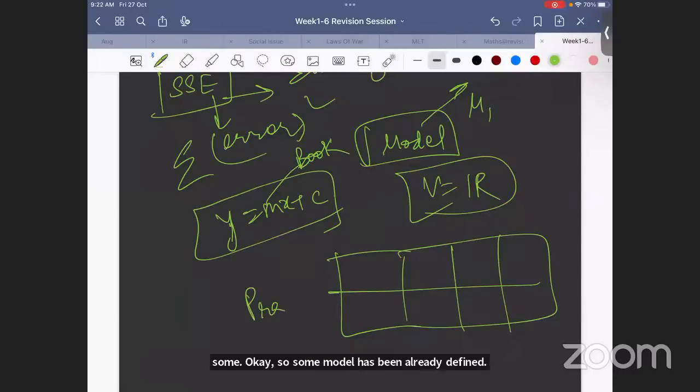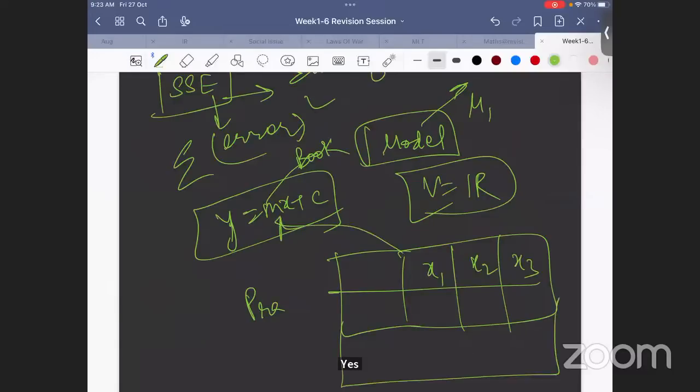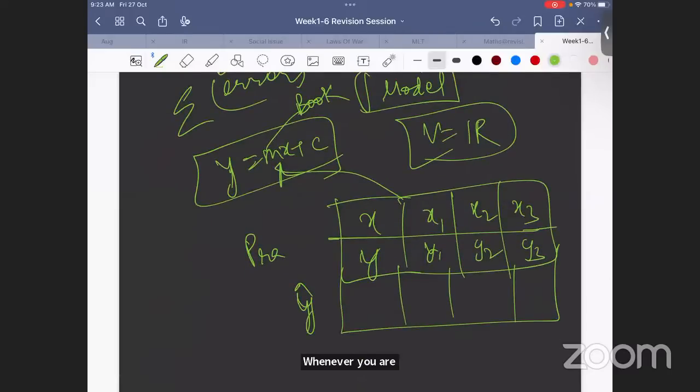There will be a slight error, or slight difference, between the theoretical and the practical value. Whenever you put x1, x2, and x3 into the theoretical model, you get some values, y cap. But the information you get after performing the practical gives you y values: y1, y2, and y3. So from the theoretical side you get y1 cap, y2 cap, and y3 cap.